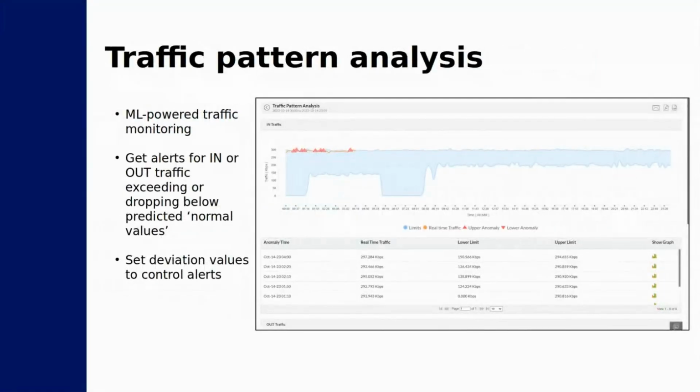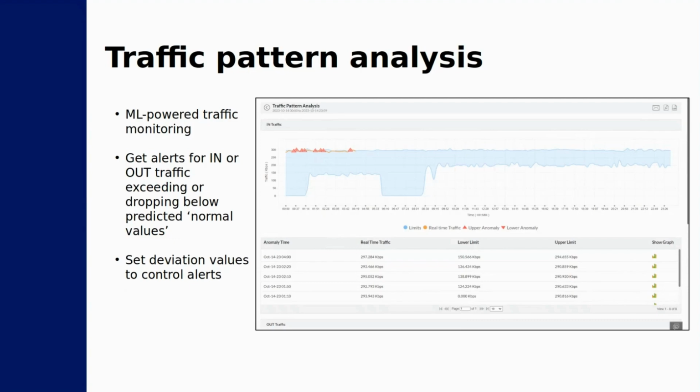Traffic pattern analysis. Now I have onboarded my devices and I get my traffic information over here, but I want to understand the pattern, whether it is a linear pattern or there is a sudden spike of traffic consumption over a period of time. This traffic pattern analysis is achievable through the machine learning feature we offer in the application.